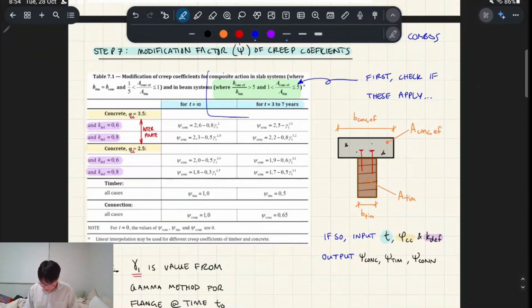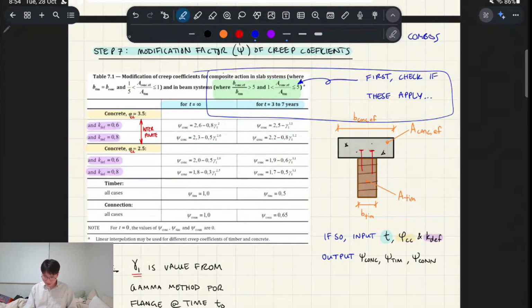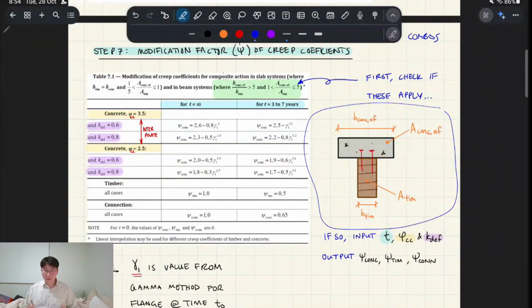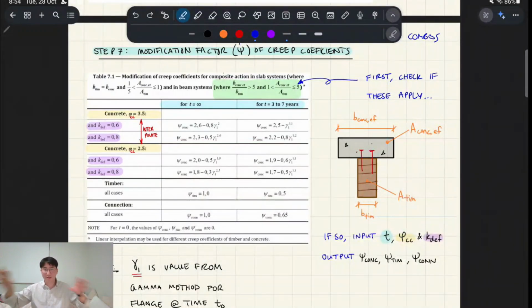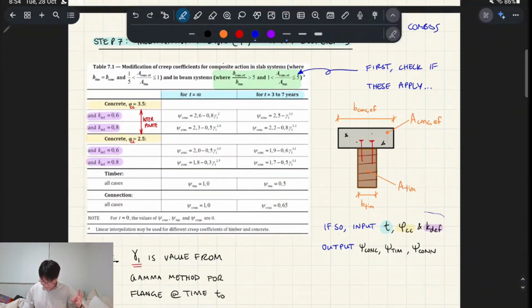So first you have to check this, right, using these geometric properties, and if both those statements are true and in the correct range, then you're allowed to use this table, basically. And there's 3 inputs, right? There's time, there's your concrete creep coefficient, and there's your timber deformation, like creep coefficient, basically.